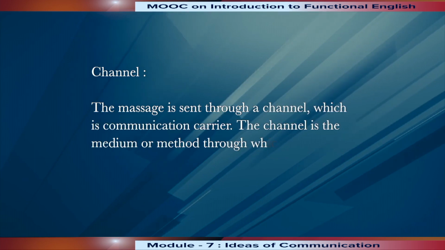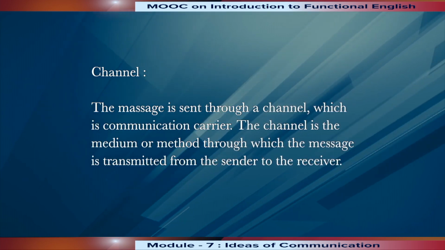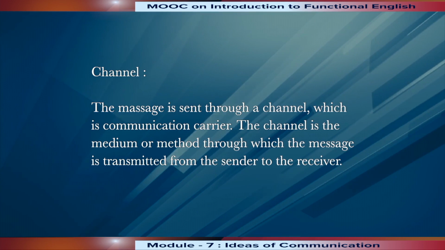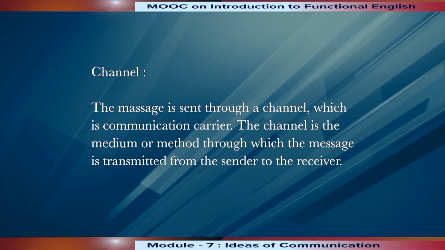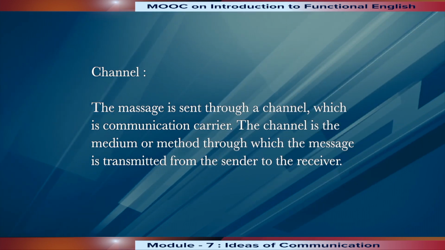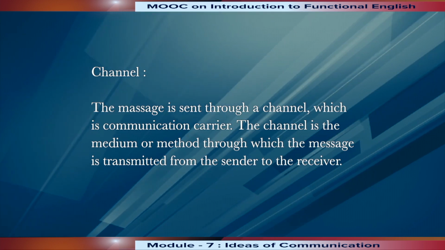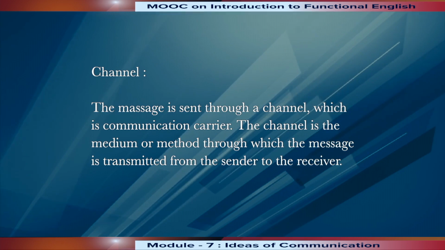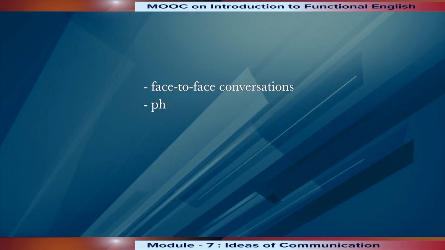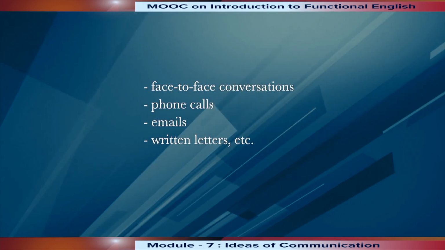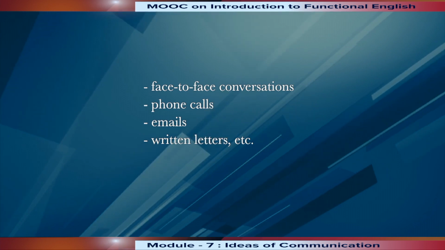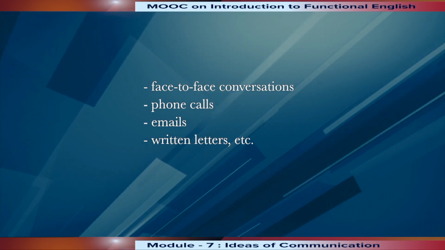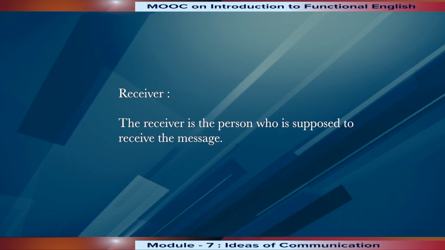Then there should be a channel. The message is sent through a channel, which is the communication carrier. This channel is the medium, or the method, through which the message is transmitted from the sender to the receiver. It can be a face-to-face conversation, phone calls, email, or written letters, etc. Then this message through the channel is received by the receiver.